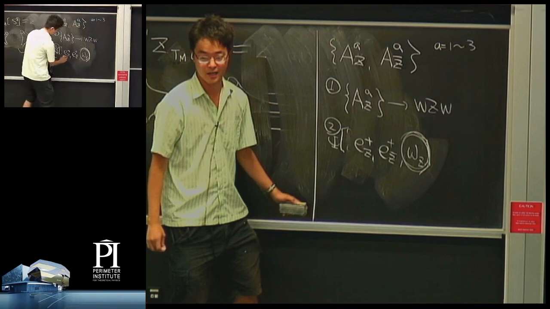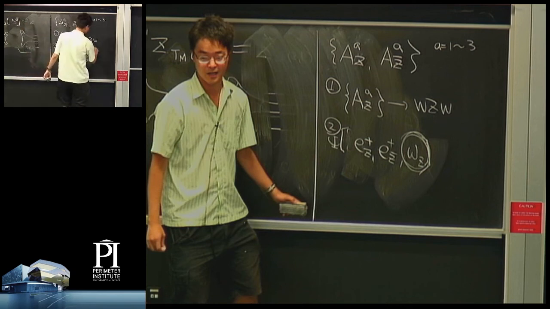Then two things remain, but of course there are gauge degrees of freedom. Namely, we can change the coordinates, and there are still gauge degrees of freedom which act on E plus and E minus. So you can write E plus equal to e^phi dz plus mu dz bar, and E minus equal to e^phi dz bar plus mu bar dz.